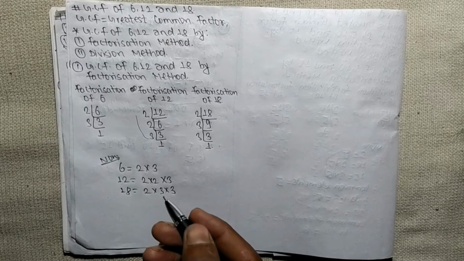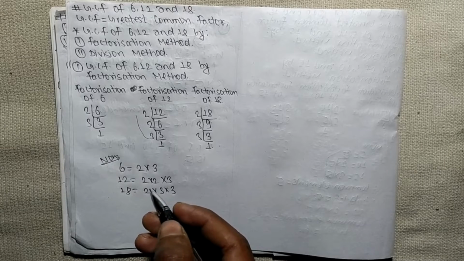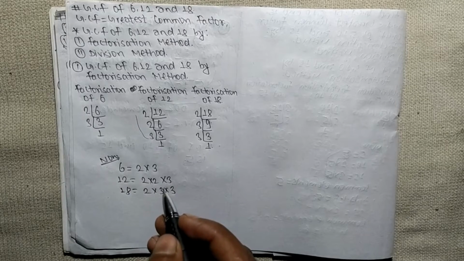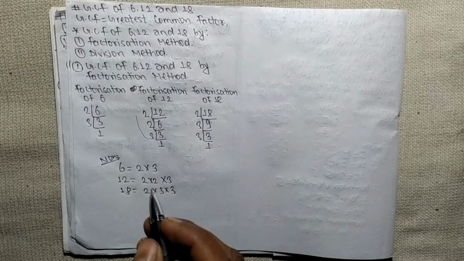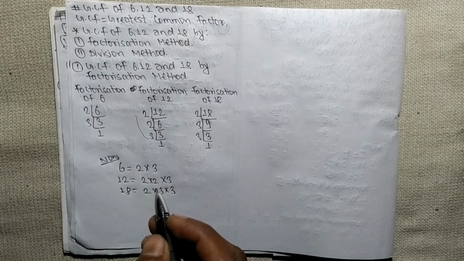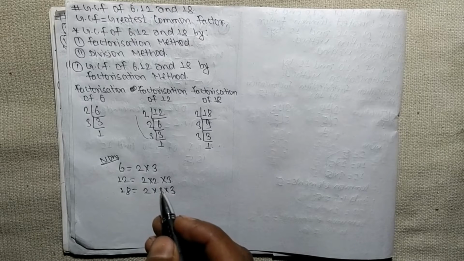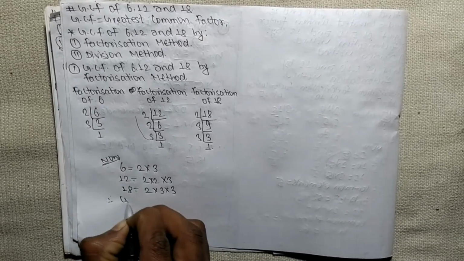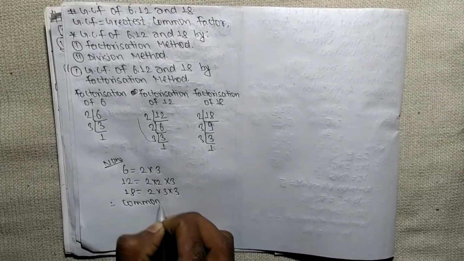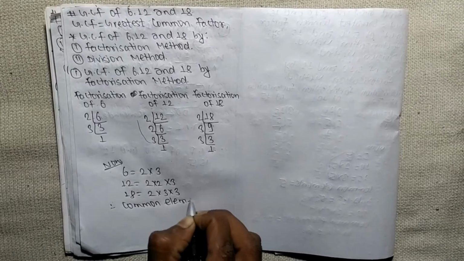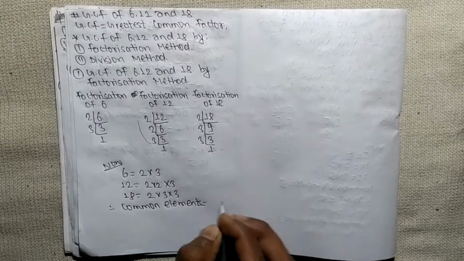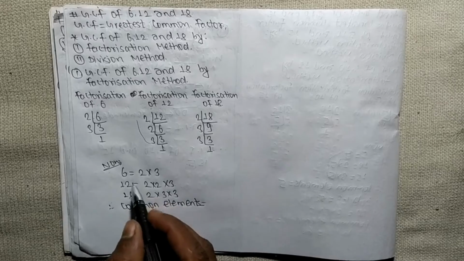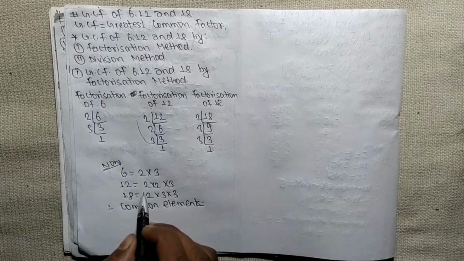As you know, you are finding the GCF here. So you must know that GCF is the product of all the common elements. So here we have to find the common elements. What are the common elements in these three prime factorizations?